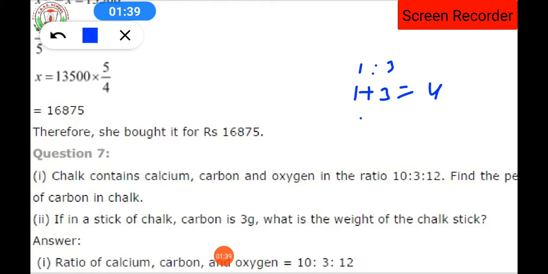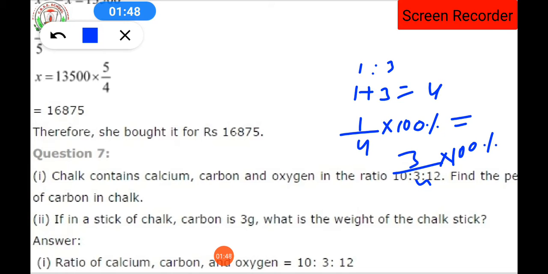Then the first part is 1 upon 4 into 100%, then 3 upon 4 into 100%. Whatever answer we get while calculating, that is the percent we are having, isn't it?